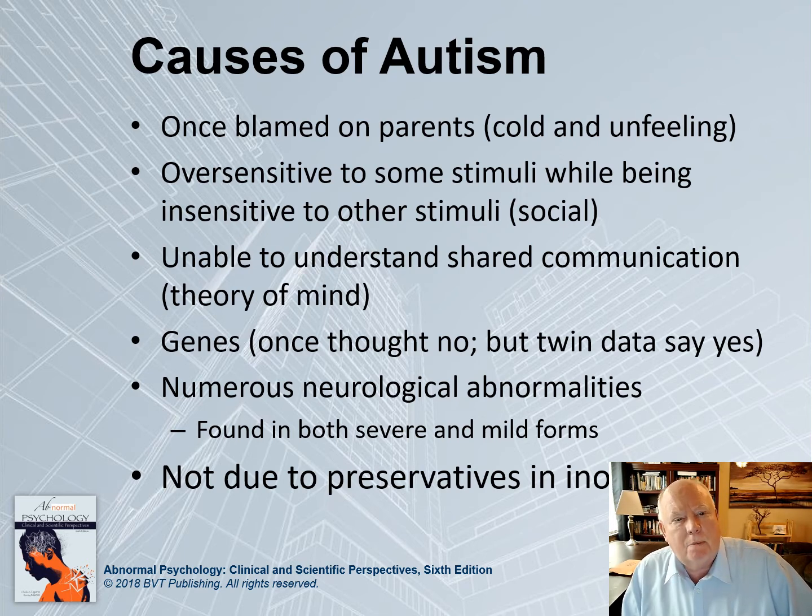We do know that people with autism are very sensitive to some stimuli, and perhaps for that reason will repeat behaviors over and over again because those behaviors are being heavily reinforced by their sensitivity to stimuli.